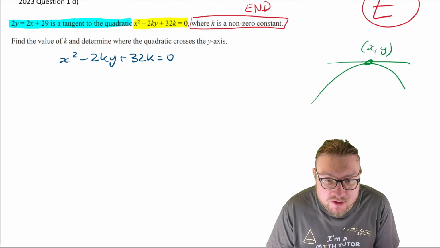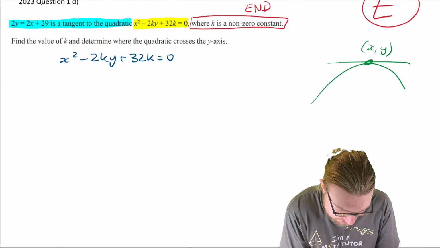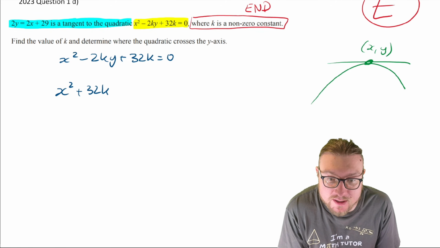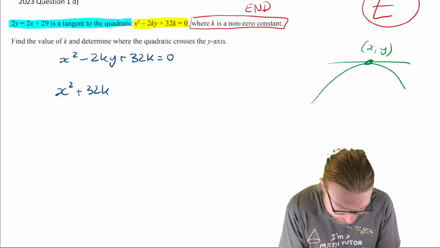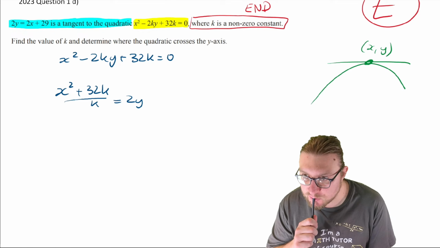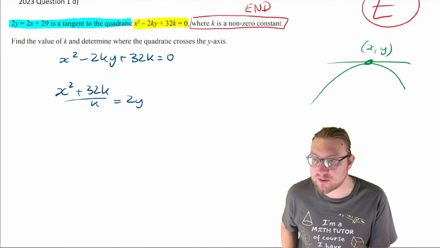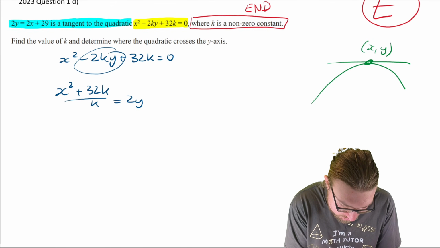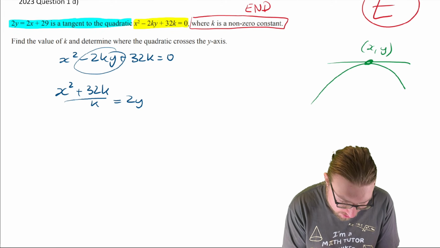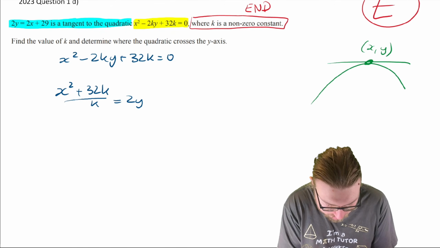So you're saying, can we write x squared plus 32k all over k is equal to 2y. Just for everyone who watches the recording later when preparing for the exam, what you've done here is move this term over to the other side by doing plus 2ky, and then divide by k, so we just have the positive y on one side. That's perfectly fine.